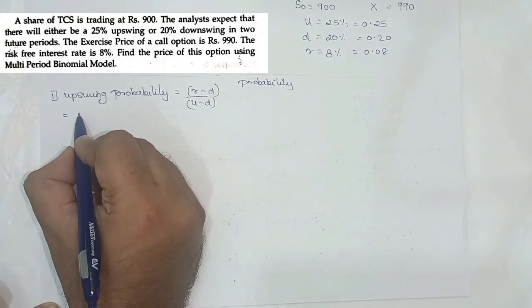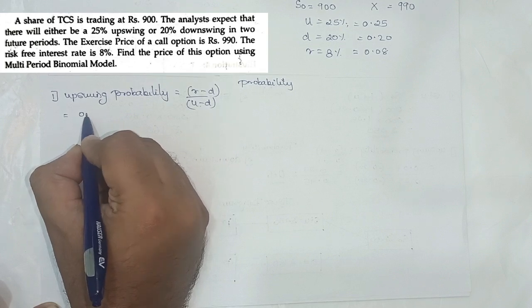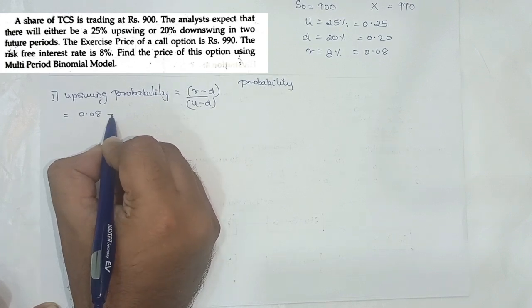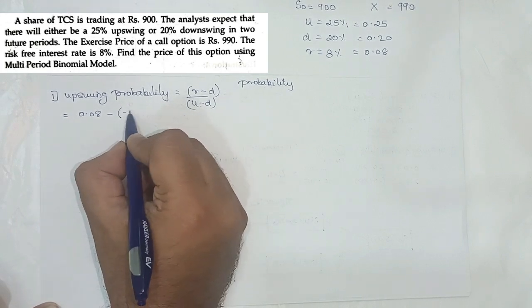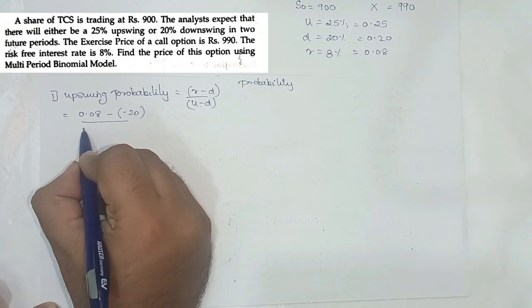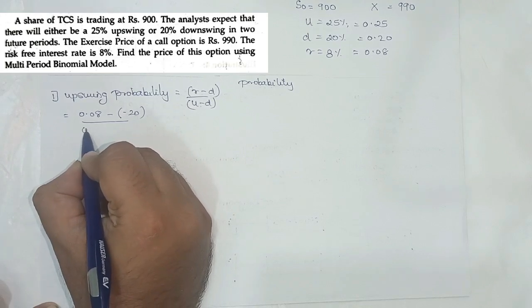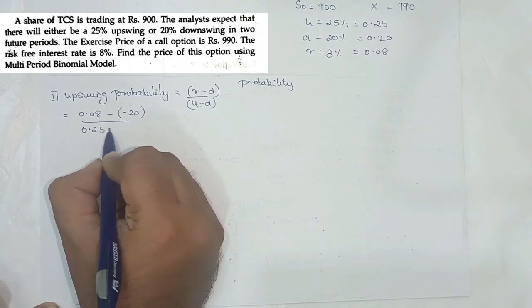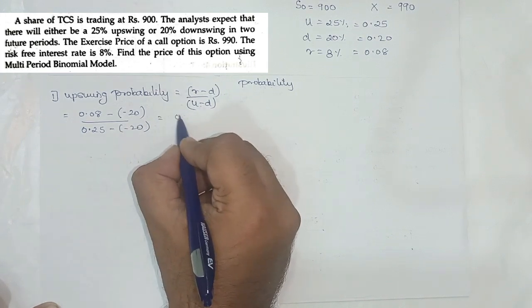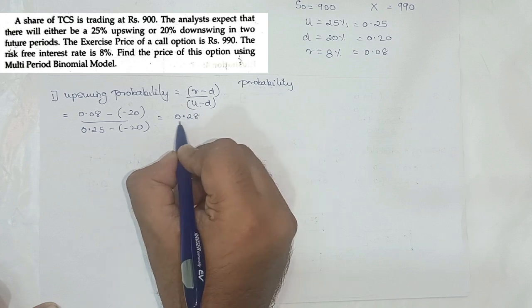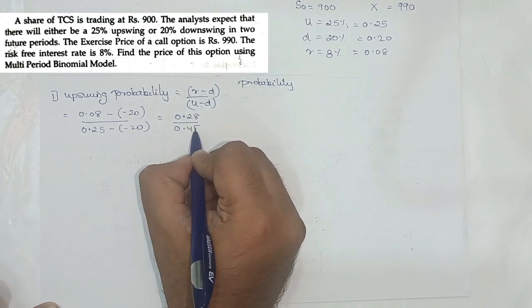So here R is 0.08 minus D, which is 0.20, upon U, which is 0.25 plus 0.20. So this will become 0.28 upon 0.45.